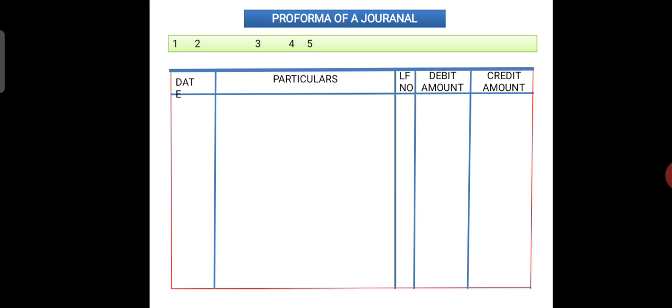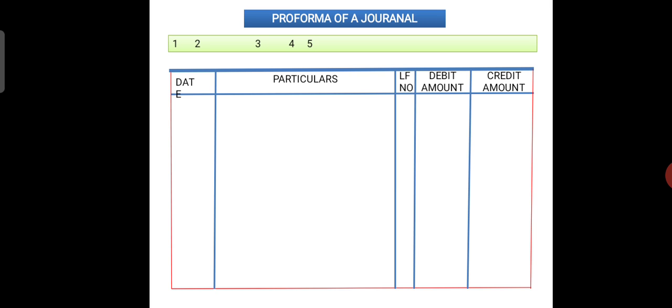The fourth column is meant to record the debit account or debit entry amount. The fifth column is the credit amount column. In this column, we write the credit entry amount against its account.